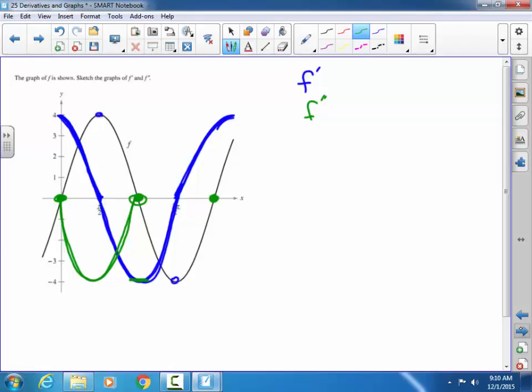All right, well, let's talk about f between this point here, pi, and 2 pi over here, these 2 green points. It's concave up. That means that the second derivative is positive. The first derivative is increasing from this point right here, pi, all the way up.